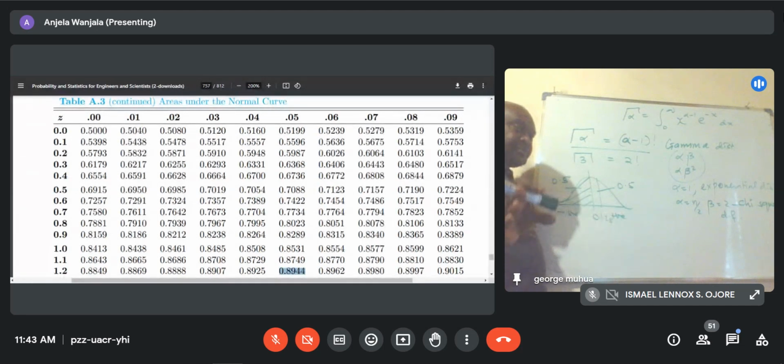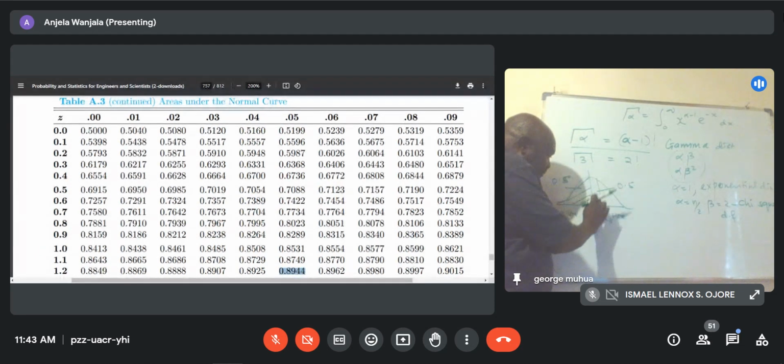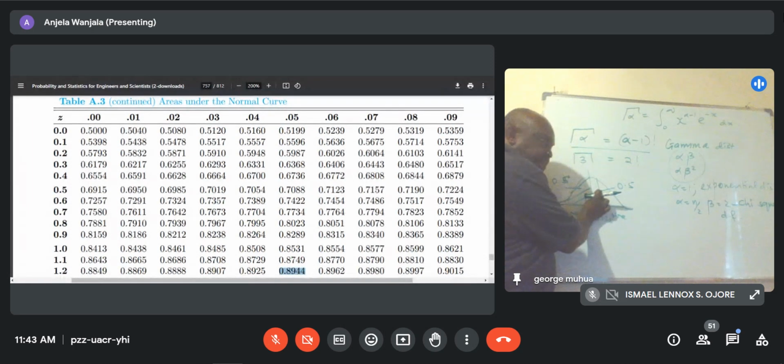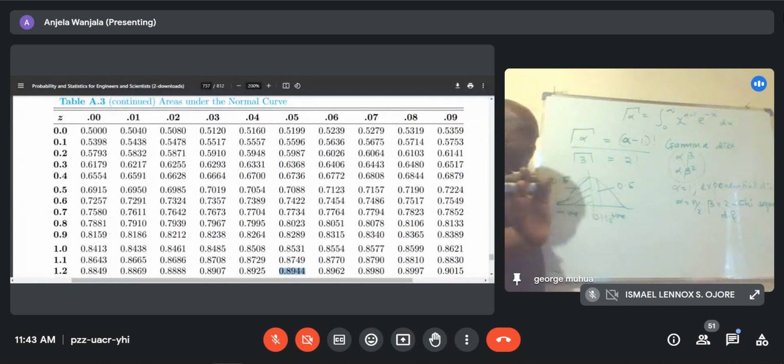So if you are talking of 0.8 something, if you remove this part here, which is 0.5, then the area between 0 and the Z is what some tables are only giving you. But if you are looking for less or equal to 1.25, please always add the 0.5. But these tables have already added the 0.5 plus this area here.